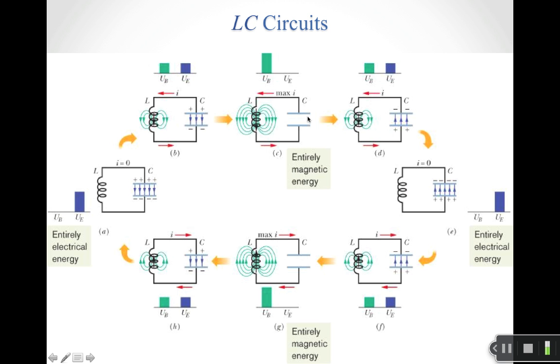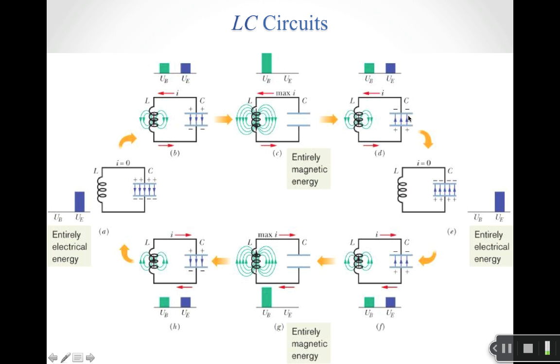But as the charges continue to flow off the capacitor, at some point the capacitor is completely uncharged, which means now all the energy is in the magnetic field. So we have the maximum current flowing through our inductor, which means we have the largest magnetic field that we're going to have, and all the energy in the system is now stored in the magnetic field.